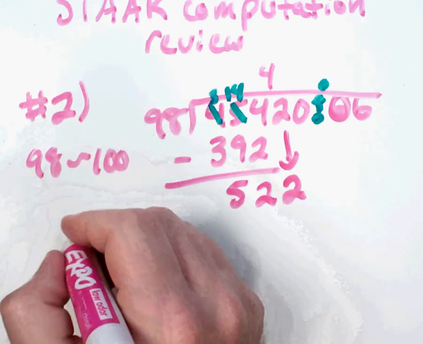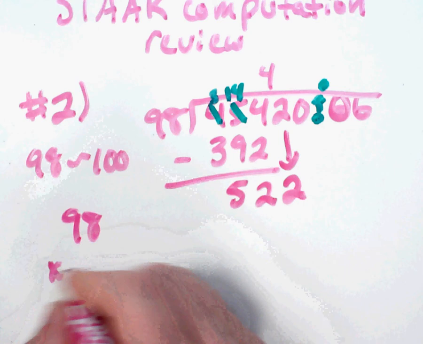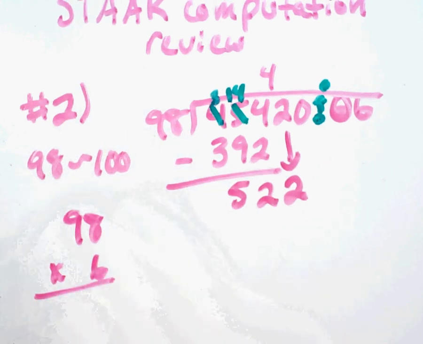Because I think this should be 6. And I may have made a computation error. And if you caught me, congratulations. Let me check real quick off camera here. No, this should be good.